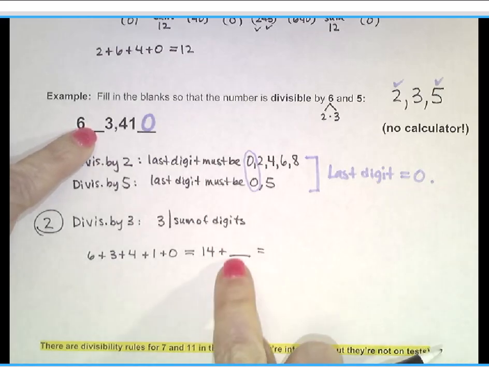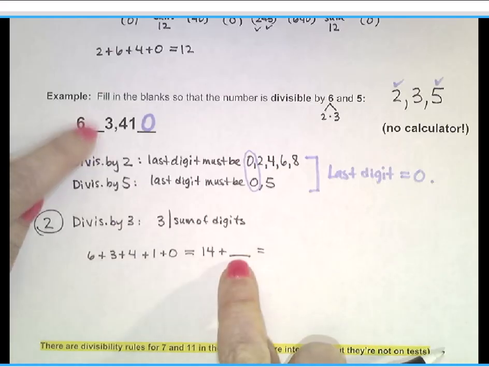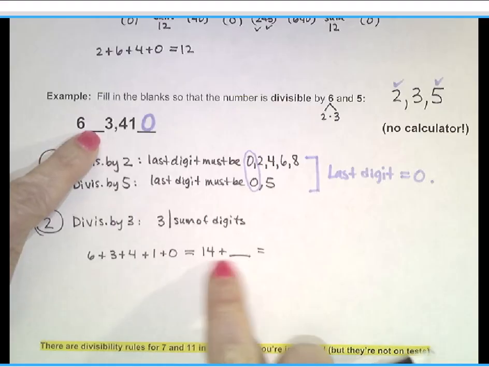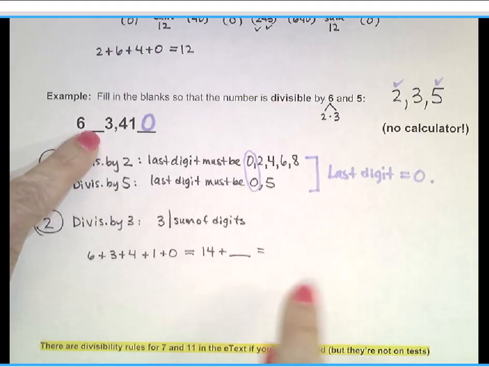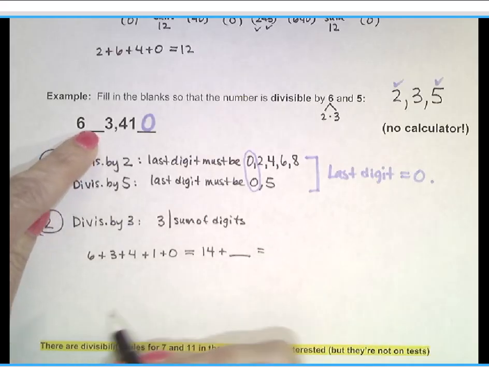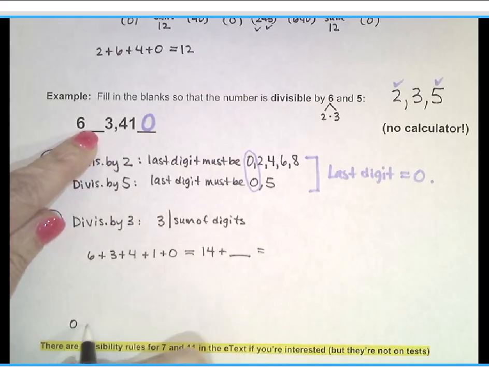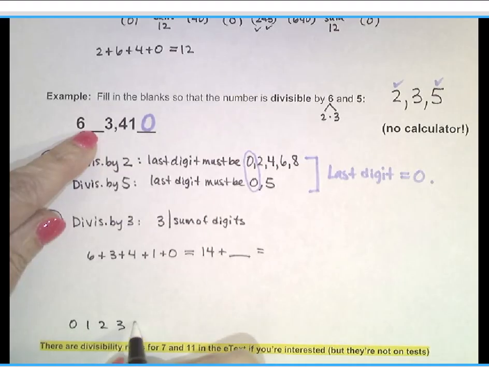So what you want to do is just cycle through all of the single digit numbers. Like, what if I put a 0 in this digit? 14 plus nothing would be 14. Does 3 divide that? No. In fact, let me just make a list: 0, 1, 2, 3.